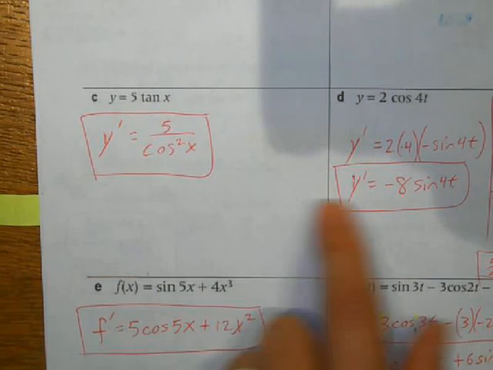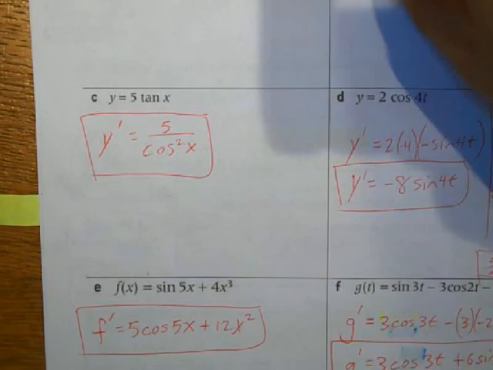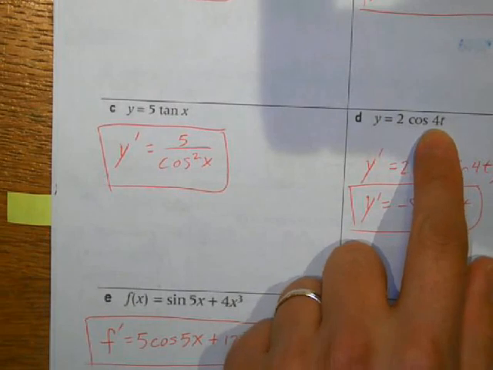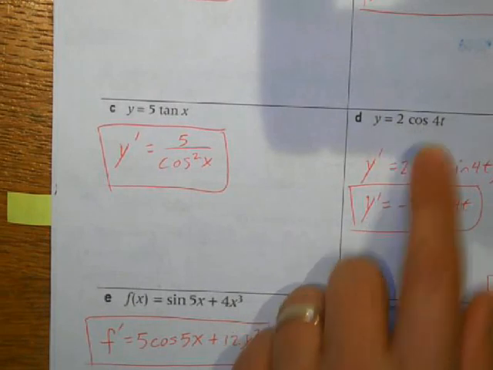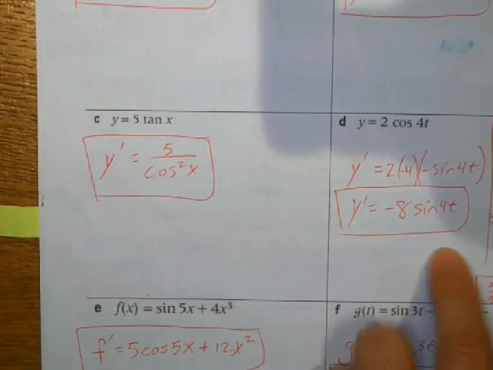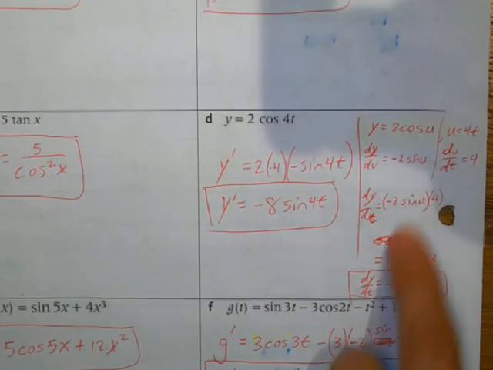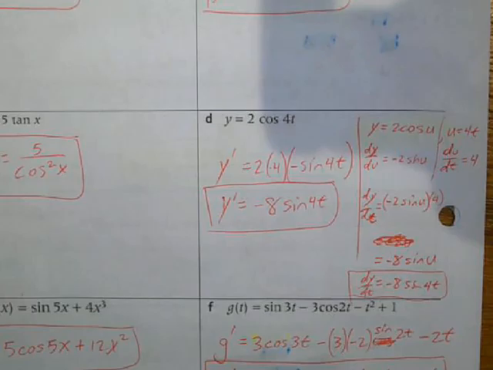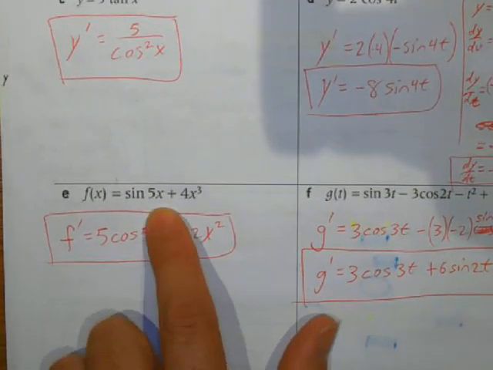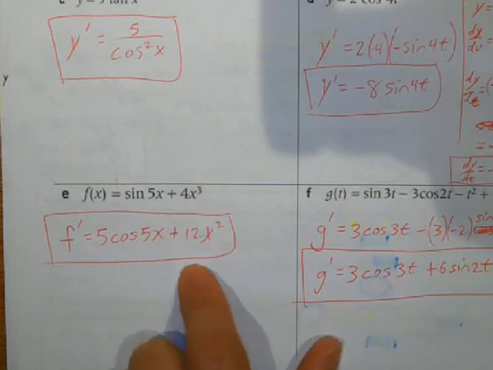Okay, this is using that relationship that we just did on the previous page on example 15, where the derivative of cosine 4t would be 4 times negative sine 4t. If you want to see this with the chain rule, I've got the steps here. The derivative of sine 5x is 5 cosine 5x. The derivative of 4x cubed is 12x squared.